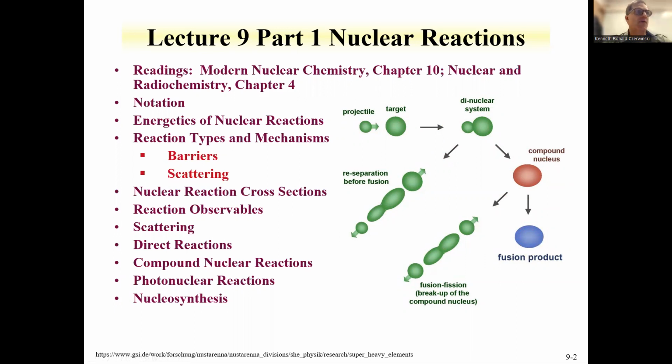So what I really want to make sure that we get across, one is the notation. We've been using the notation for the entire quarter so far on nuclear reactions. I just want to formalize it.